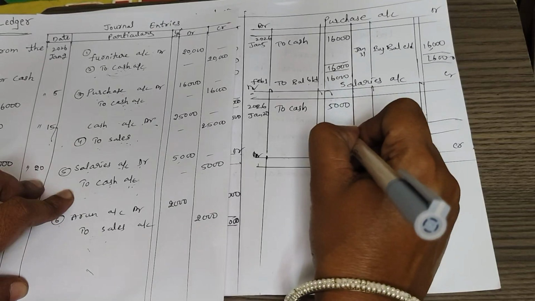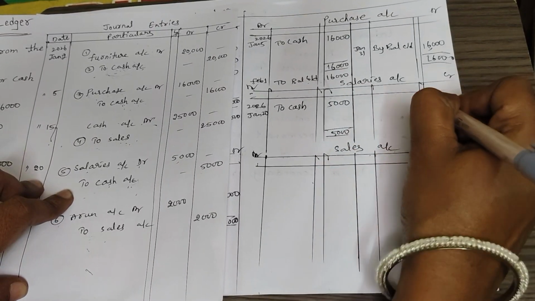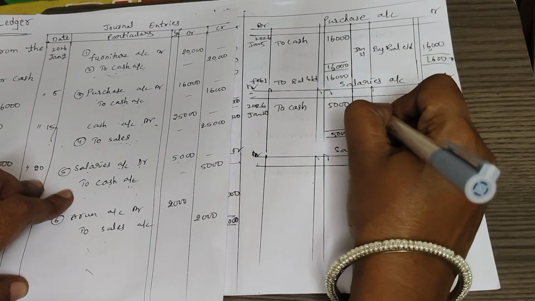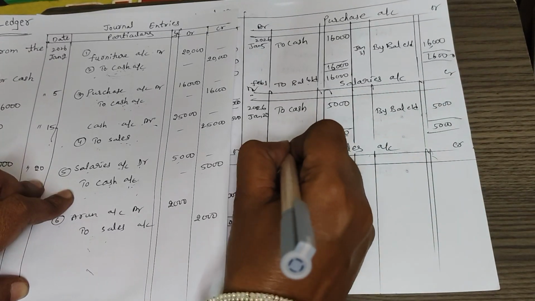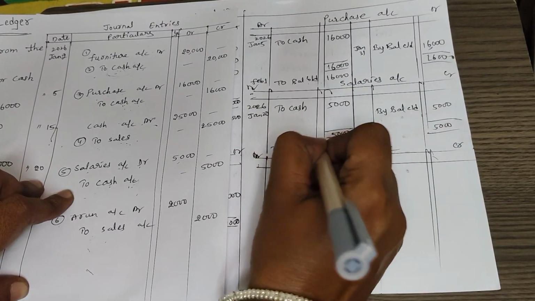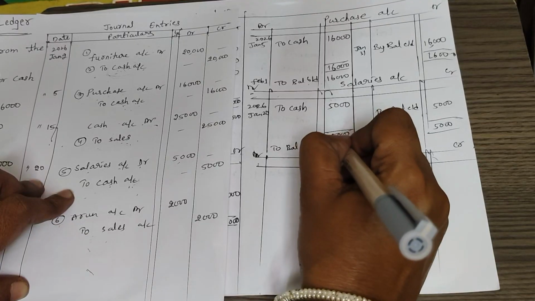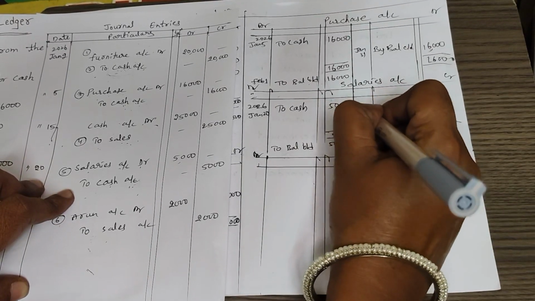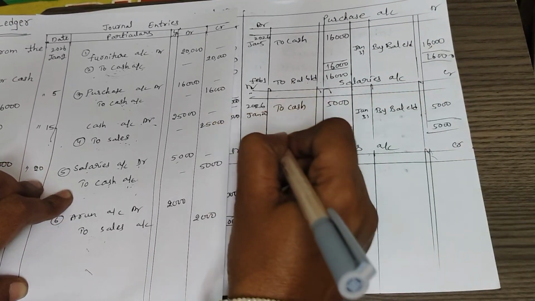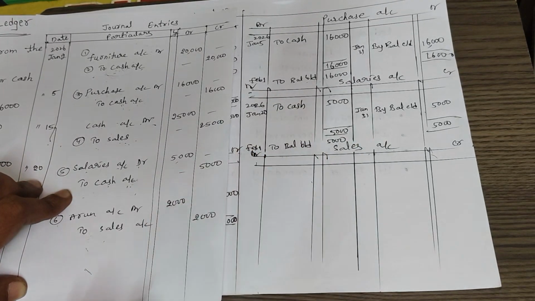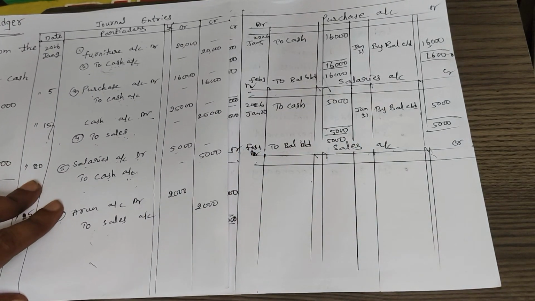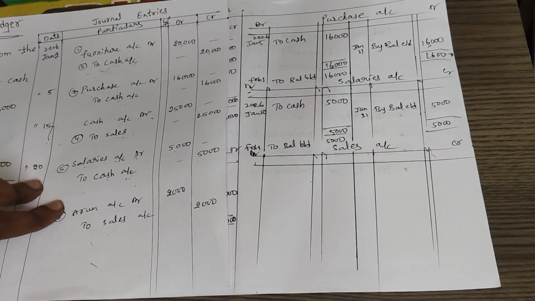So close this, 5,000, 5,000. Balancing figure also 5,000, by balance carry down, to balance brought down. So 5,000 here also. Here Jan 31st because end of the month, and here February 1st. So that is the starting of the next month.